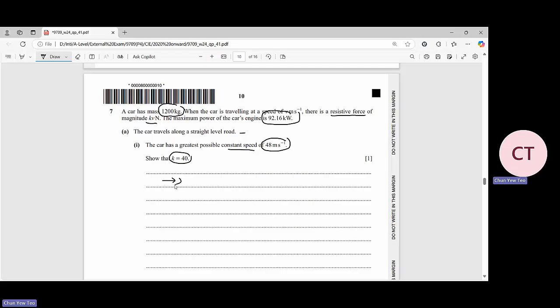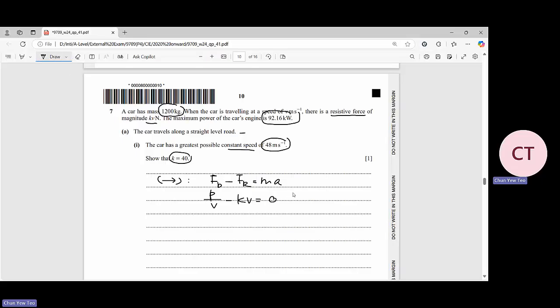So since it's moving on a straight horizontal road, we will resolve the forces horizontally. You will have a driving force minus a resistance force equals to MA. Your driving force is actually P over V, the formula. Resistance force is kV Newton. The mass is 1,200. And over here, actually the A is 0, so we do not need to write the MA anymore.